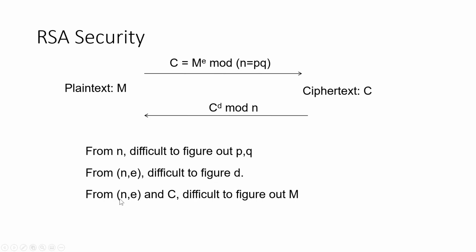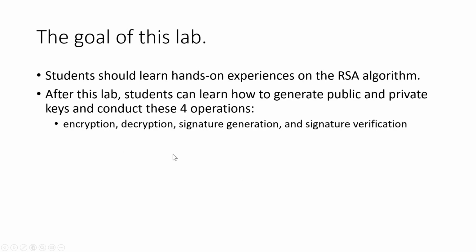And also, if we know n, the public key e, and the ciphertext C, it's difficult to figure out the plaintext M. So the goal of this lab is for students to get hands-on experience with RSA algorithms, including operations such as encryption, decryption, signature generation, and signature verification.